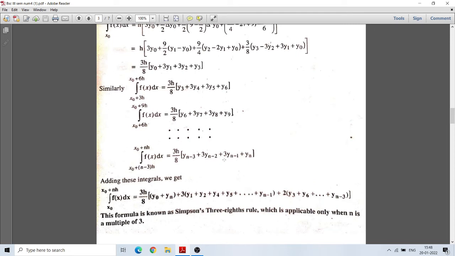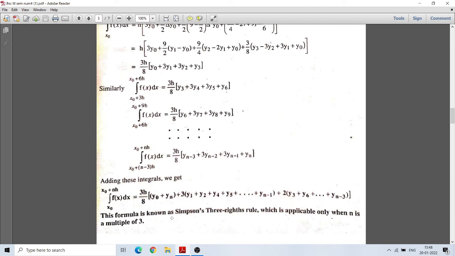Taking these all as common, we get 3 times of y1 plus y2 plus y4 plus y5, up to yn minus 1. The remaining: y3 is there, y6 is there. Then 2 times of y3 plus y6 plus and so on, up to yn minus 3, we will get. This is known as the Simpson 3/8 rule.